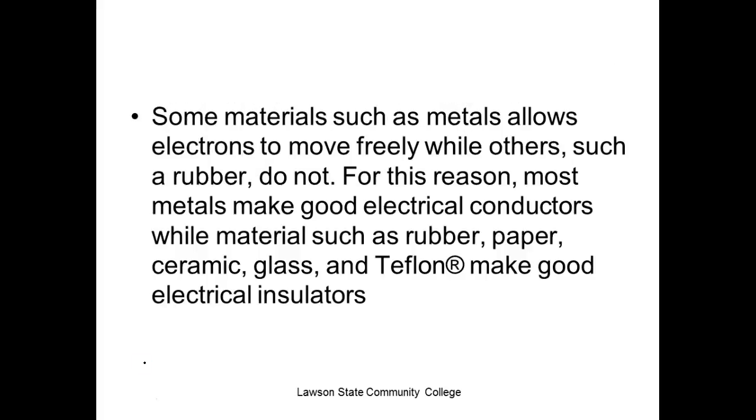Some materials, such as most metals, allow the electrons to move freely, while others, such as rubber, do not. For this reason, most metals make good conductors. Most things like rubber and air make a good insulator. These make what we call insulators.